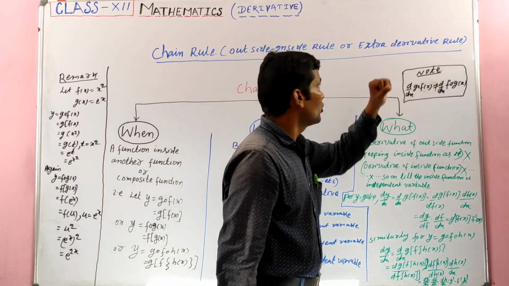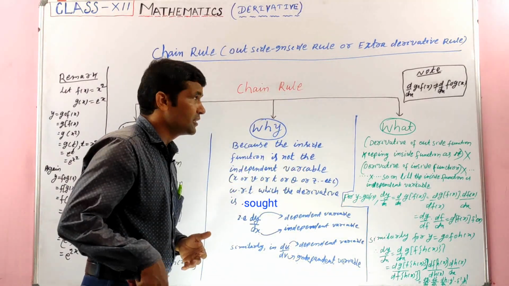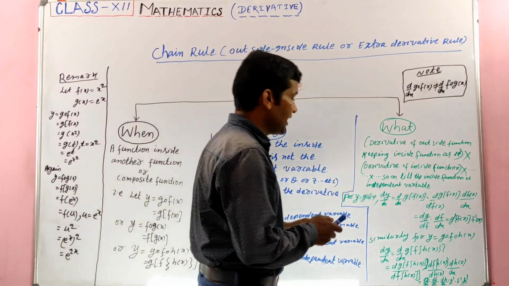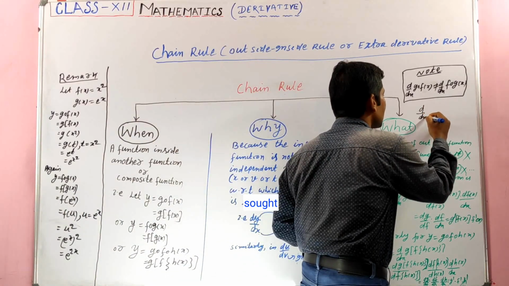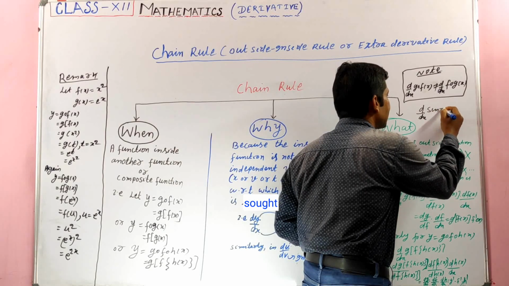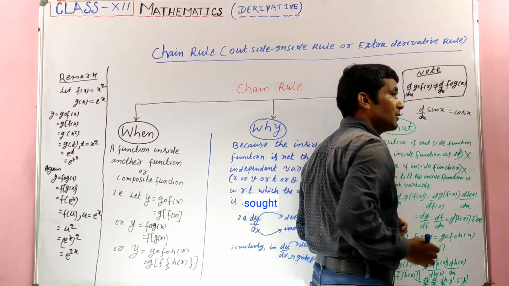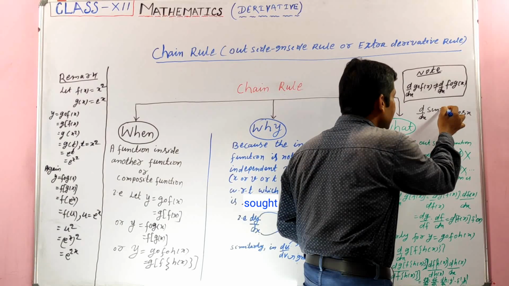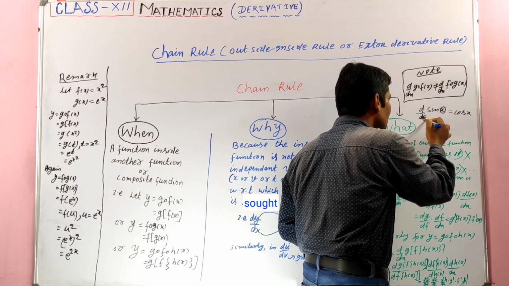And it is also known as the extra derivative rule, because in first year class you know that d by dx of, suppose, sin x, its answer is cos x. Here the inside function is x, and here also x.